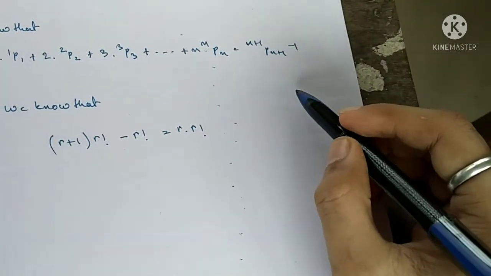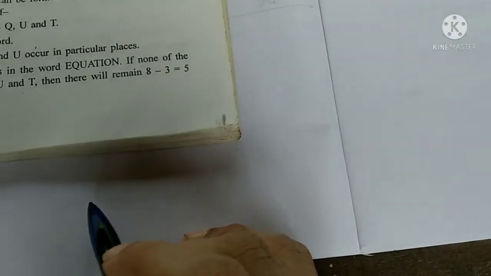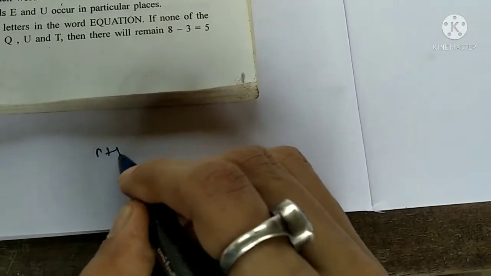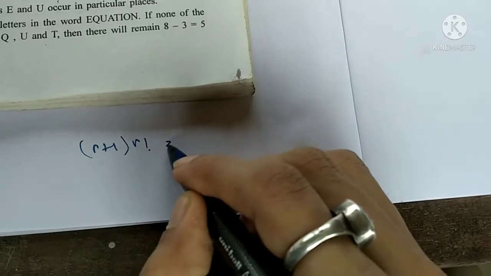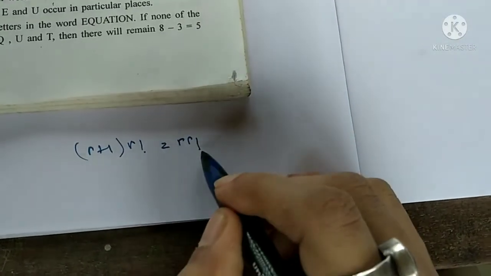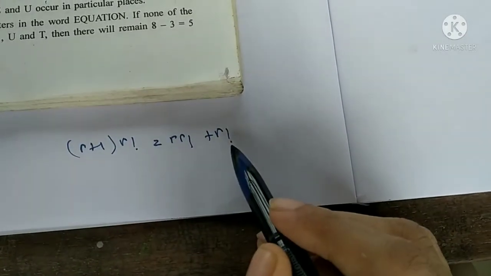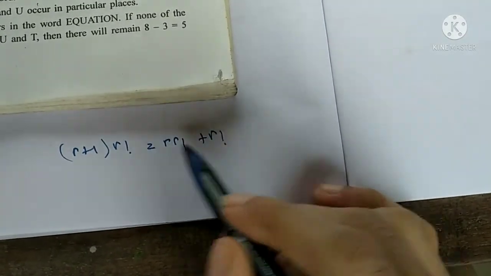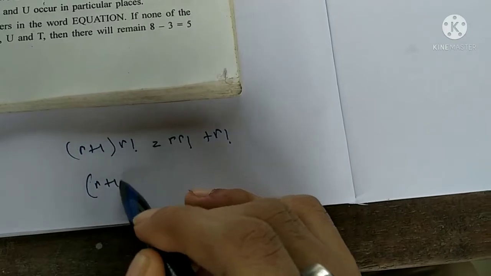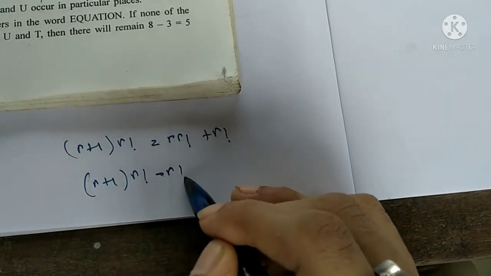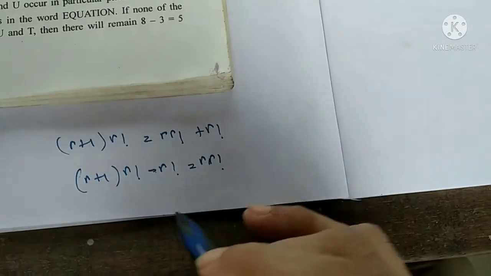So r plus 1 into r factorial becomes r into r factorial plus r factorial. From here, if I bring this to the left hand side, r plus 1 into r factorial minus r factorial is equal to r into r factorial. This is the formula that I have written here.